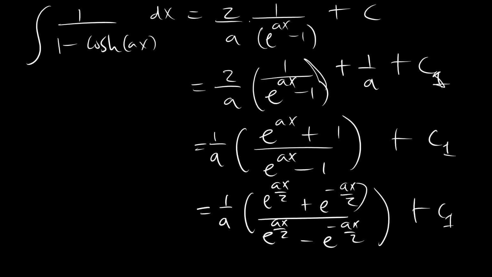and so this can also be expressed as divide by 2, that way, divide by 2. So we do have what we call hyperbolic cosine ax in the numerator, hyperbolic sine in the denominator.